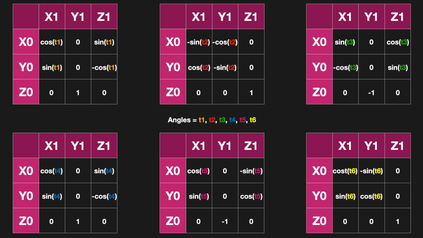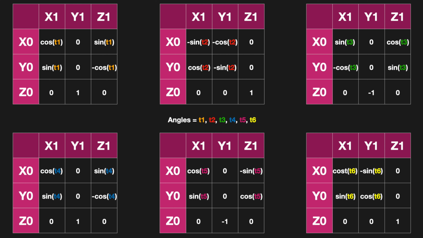If we continue this process and do it for all the additional rotation matrices that we would have previously defined, for each individual joint, which in this case there are 6, we end up with this. And as you can see, each one of these is color-coded. You can see they all take different angles. There are 6 joints, therefore there are 6 angles. And voila, for the first time in this video, we actually have something pretty powerful here.